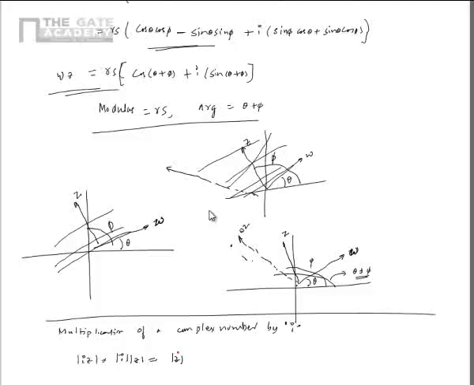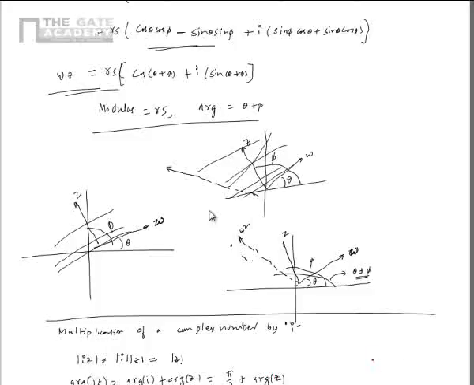So when you multiply with i, the modulus remains the same. Now the argument of iz is argument of i plus argument of z. Argument of i is pi by 2 plus argument of z. So what we see is the modulus is the same, only the argument has increased by pi by 2.